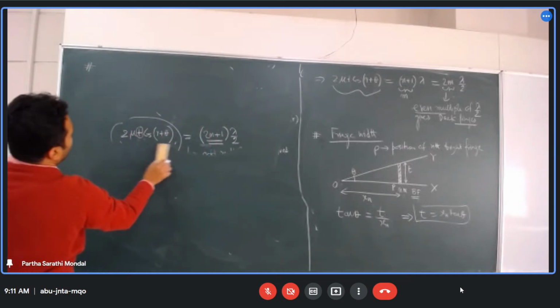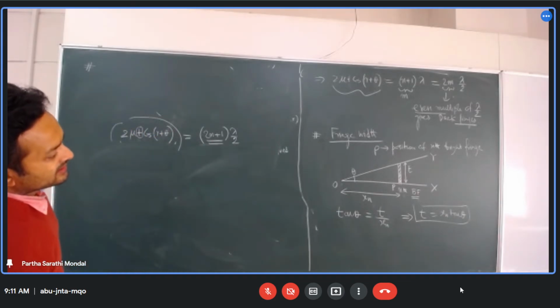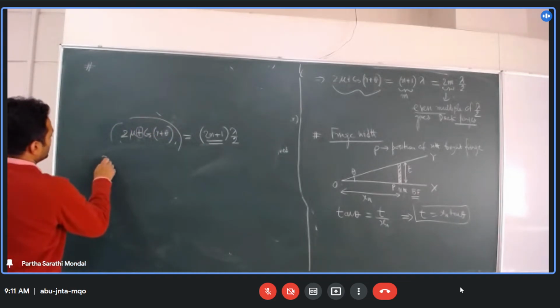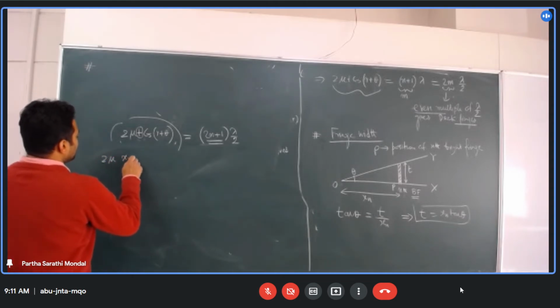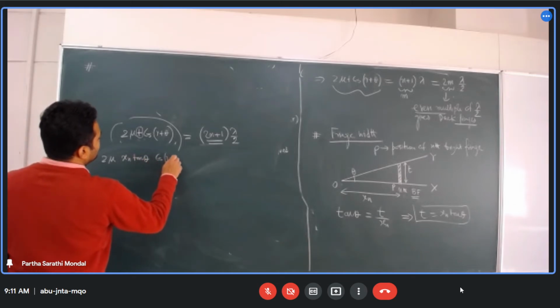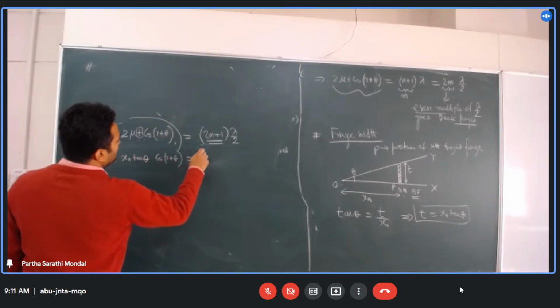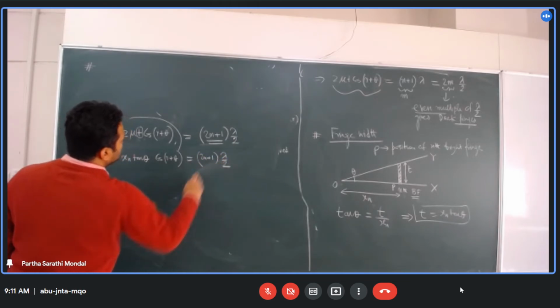So in place of 2 mu t we will write xn tan theta, so 2 mu xn tan theta cos(r plus theta) equals (2n plus 1) lambda by 2.